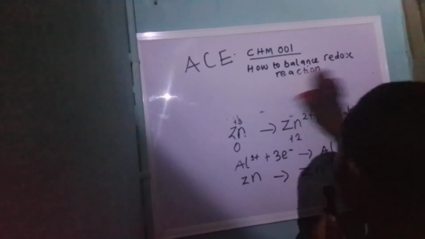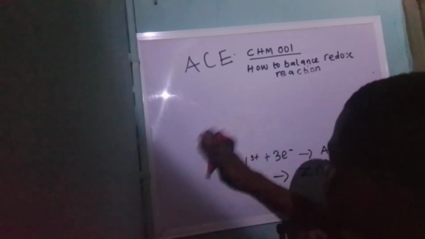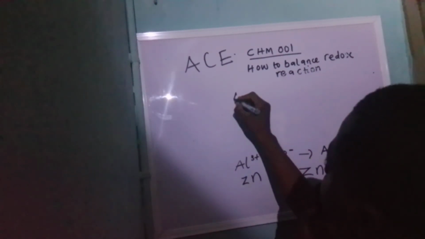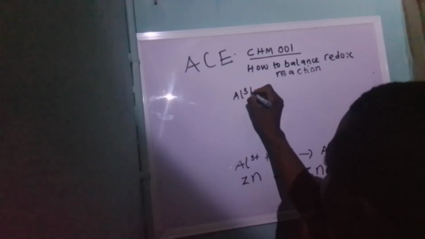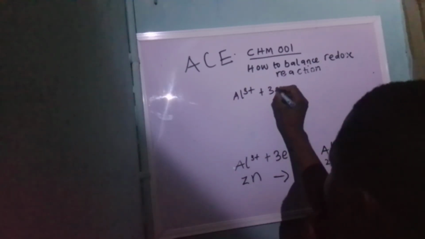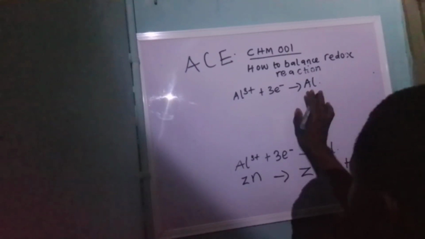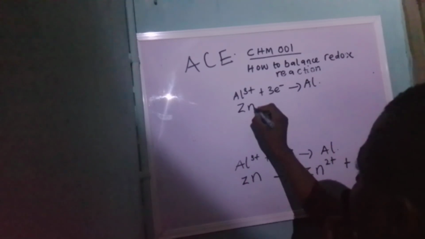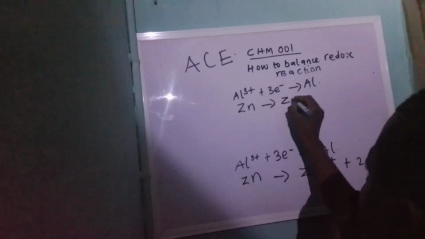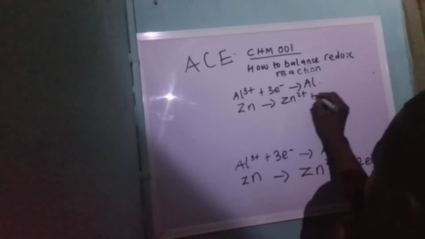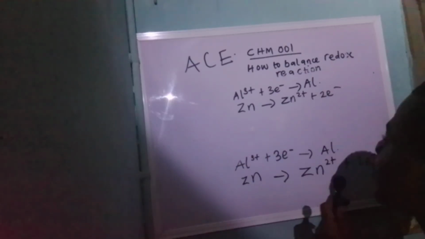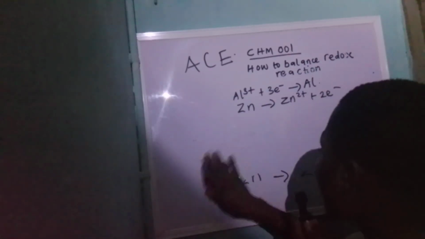Very simple. This is what I have: Al3+ plus 3 electrons to give me Al. This is the first one. Second one, I have Zn to give me Zn2+ plus 2e-.